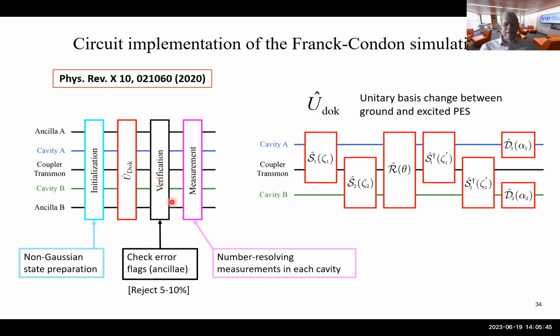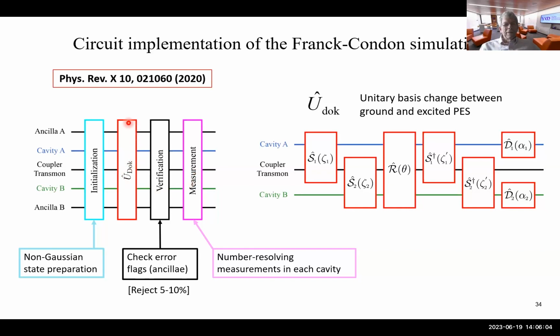And then you measure the number of photons in each cavity, and if the simulation is faithful, that will tell you the number of phonons, the number of mechanical quanta that would have been in each mode of the molecule.